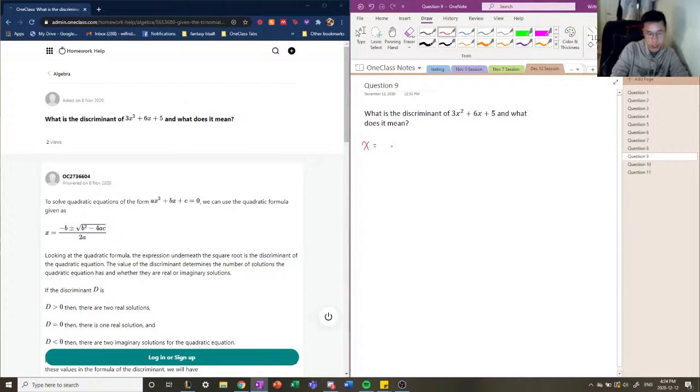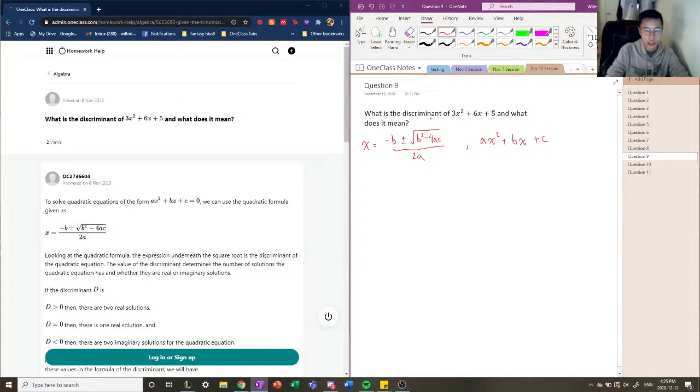It finds the values of x which satisfy the quadratic equation through this formula: negative b plus or minus the square root of b squared minus 4ac, divided by 2a, where ax squared plus bx plus c uses the coefficients a, b, and c.